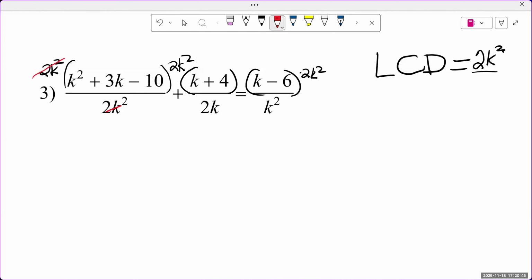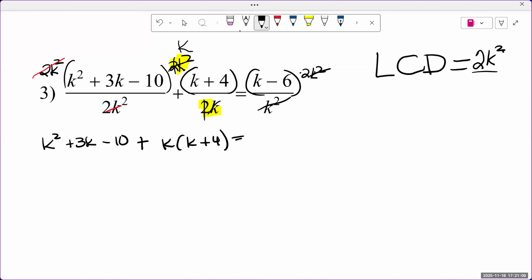These cancel, and I get k squared plus 3k minus 10. Look at this. When I cancel, what's going to be left? K. So I have plus k times k plus 4.